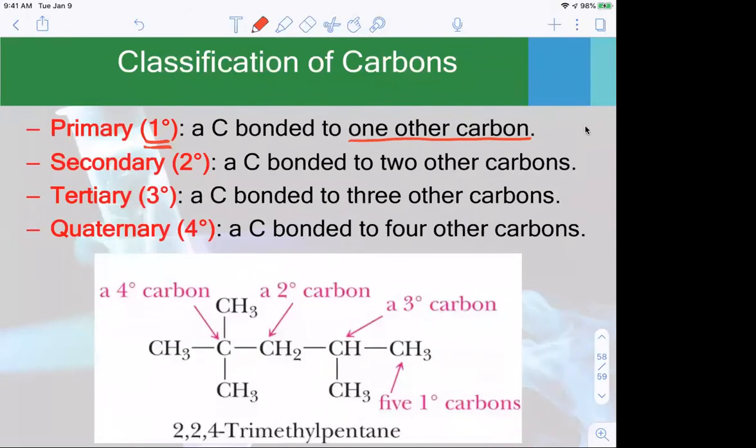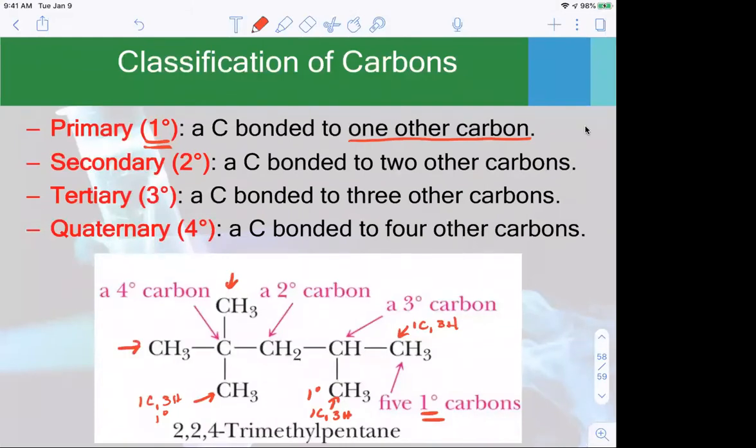So if I look at this, it's bonded to 1 carbon and 3 hydrogens, so it's a primary. This is bonded to 1 carbon and 3 hydrogens, so it's primary. This is primary, this is primary.